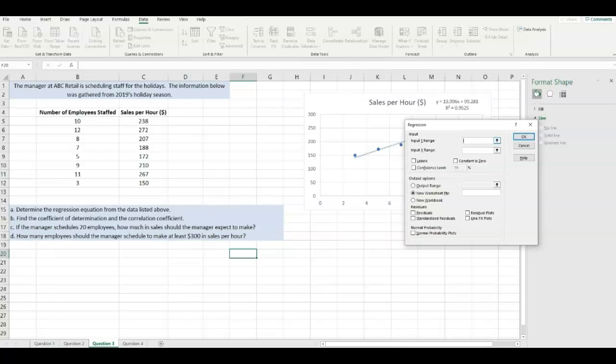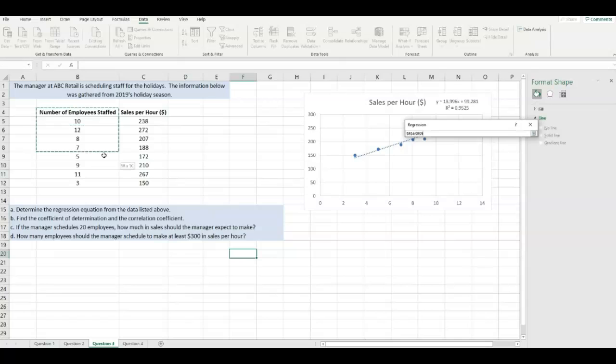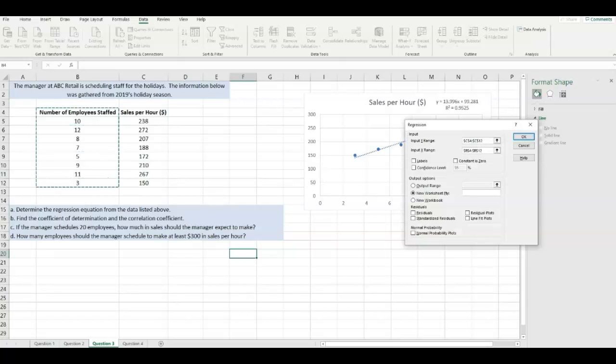The y is what we are trying to find here. So the y is our sales per hour. The x is the number of employees staffed, because the number of employees that are staffed determines how much in sales we are making per hour.